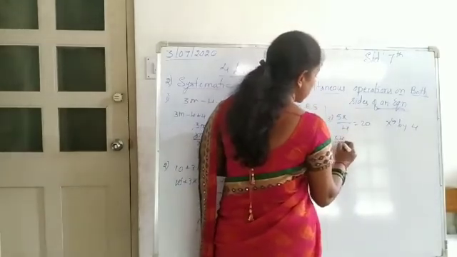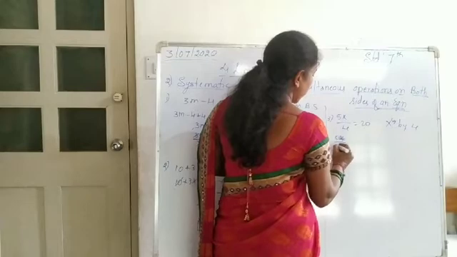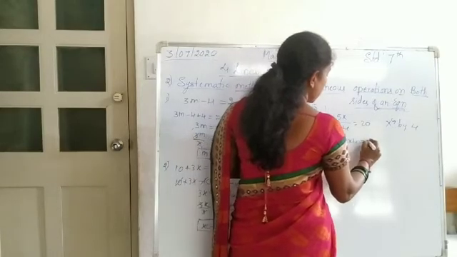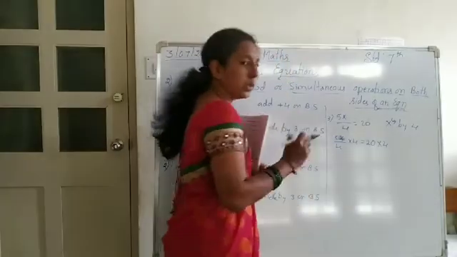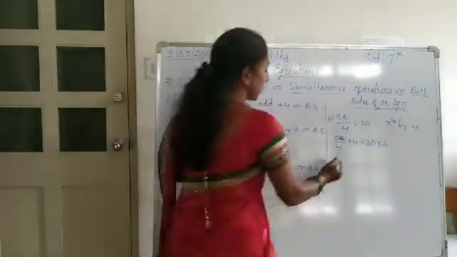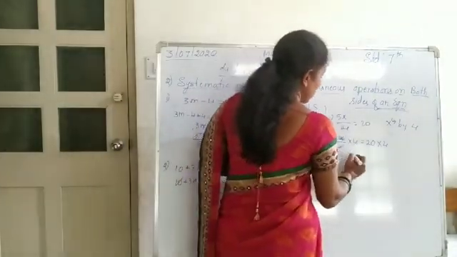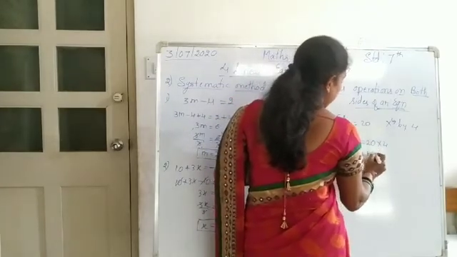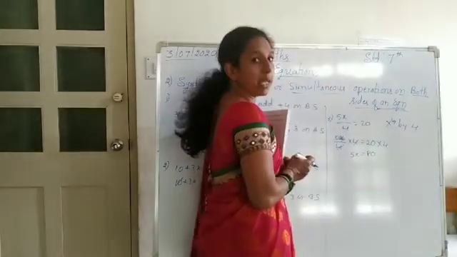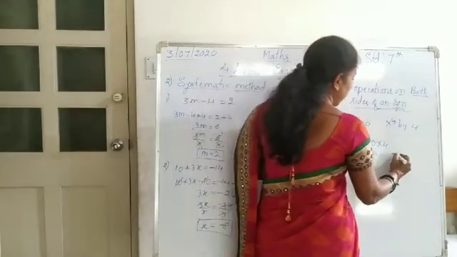So 5x by 4 into 4 is equal to 20 into 4. I am doing the same on both the sides. Okay. So here 4 cancel. So 5x is left. 20 fours are 80. So here multiplication is there with the variable. So I have to divide here.